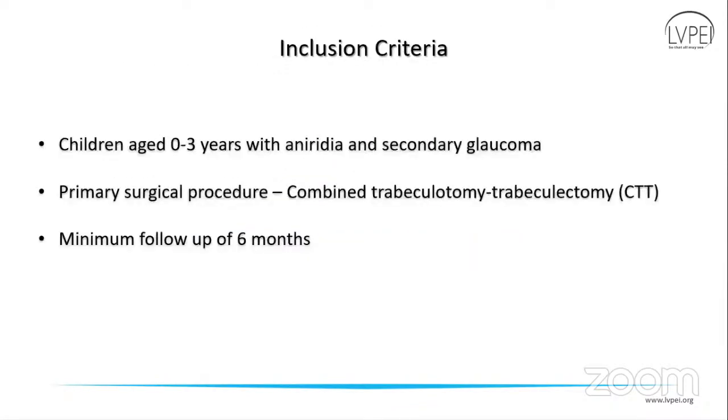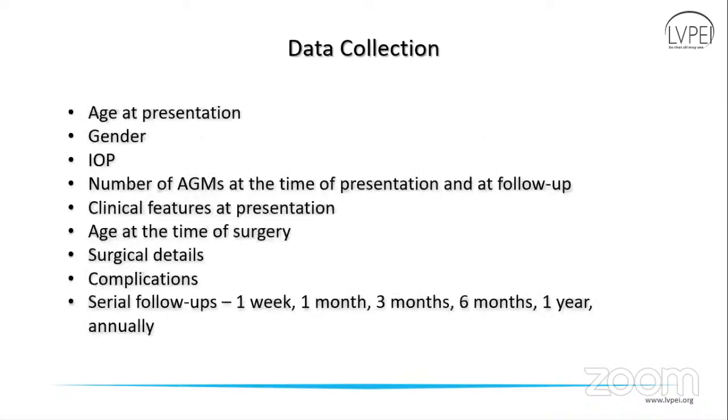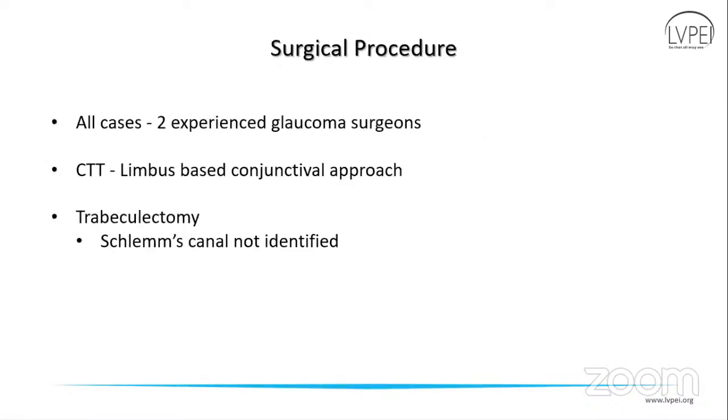Primary surgical technique was combined trabeculotomy, trabeculectomy without any antimetabolite, and data was collected on retrospective chart review. 2 surgeons were involved in the surgical technique. In some cases, Schlemm's canal was not identified, and that's the reason only trabeculectomy was done.